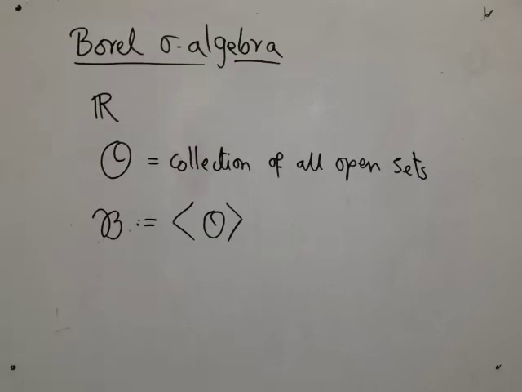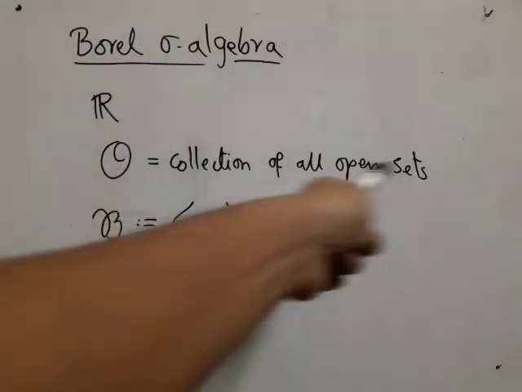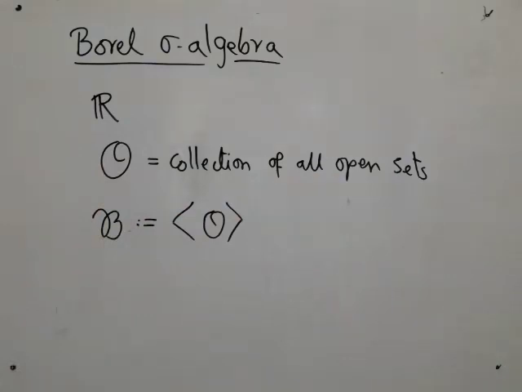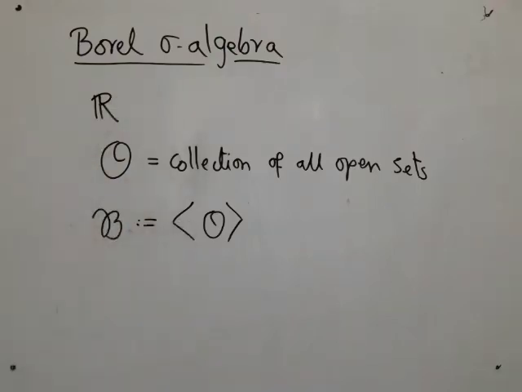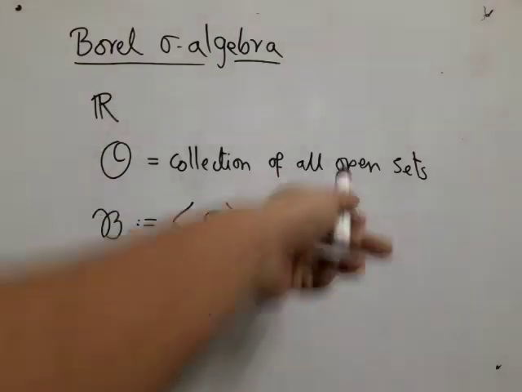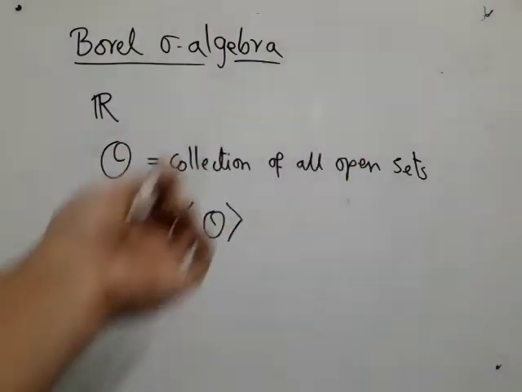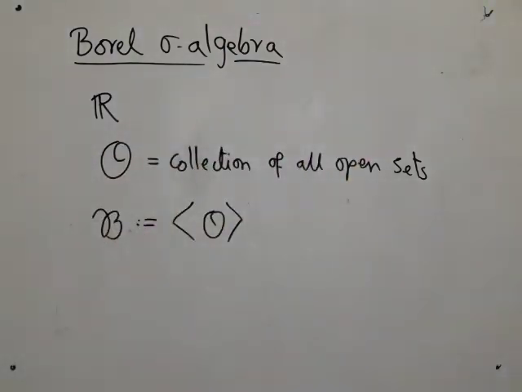The most important special case of this demand-based approach is, as I have said, the Borel sigma algebra. It is defined like this. For R, you consider the collection of all open sets in R. Then the Borel sigma algebra is the sigma algebra generated by script O. Now there is nothing profound about taking open sets. You could have taken closed sets. You will still get the same thing because you are just taking complements.